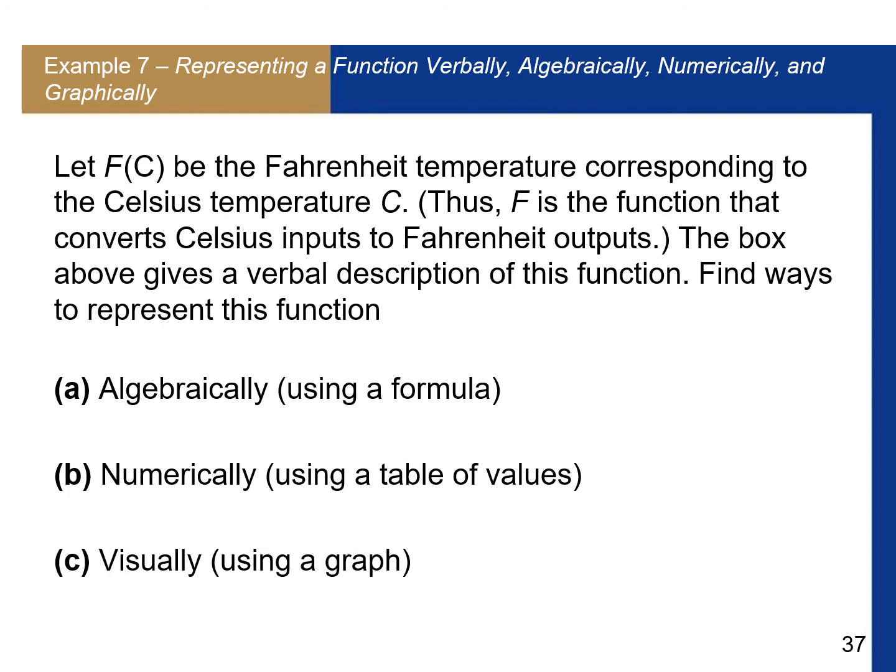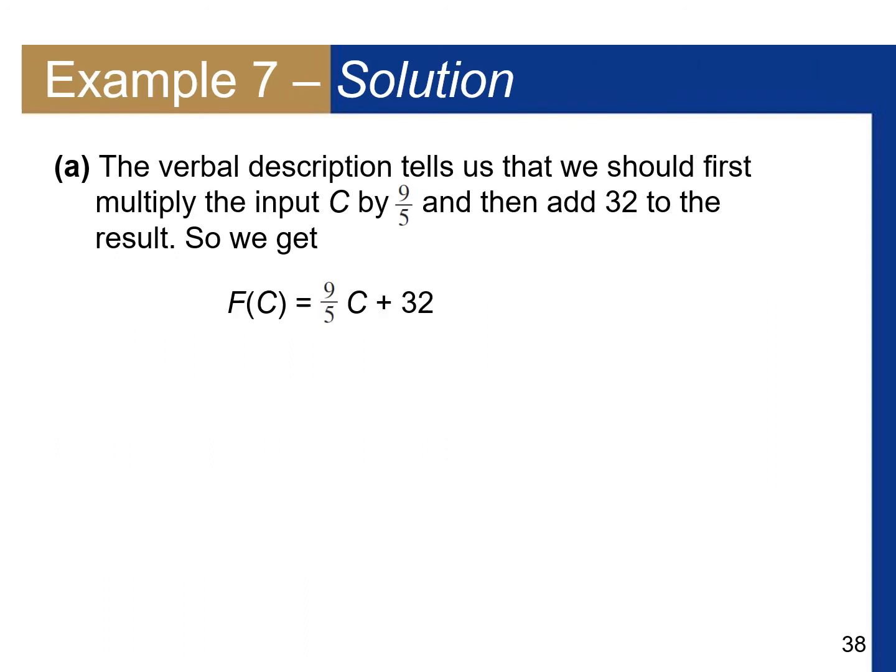So if you have f of c be the Fahrenheit temperature corresponding to Celsius temperature, f is a function that converts Celsius inputs into Fahrenheit outputs. The box above gives a verbal description of this function. So we're going to find ways to represent it. Let's represent it algebraically, numerically, and visually.